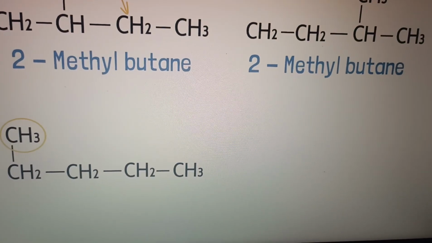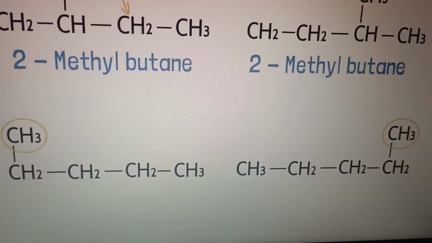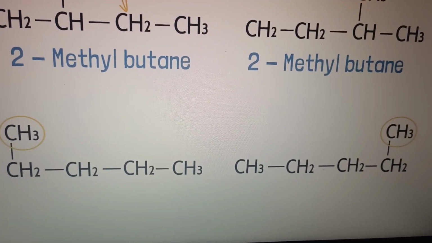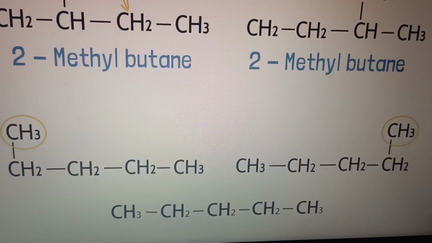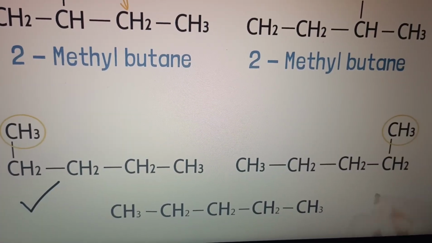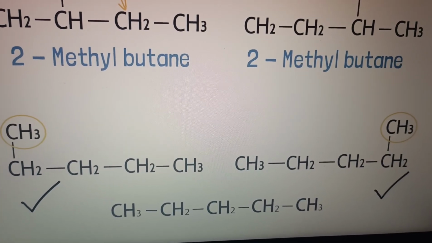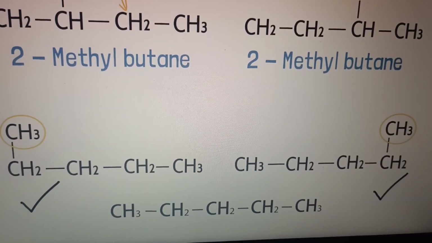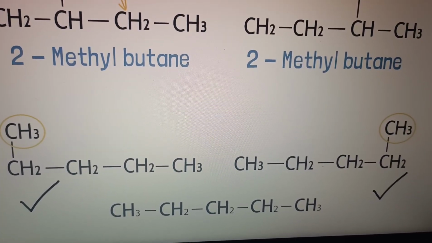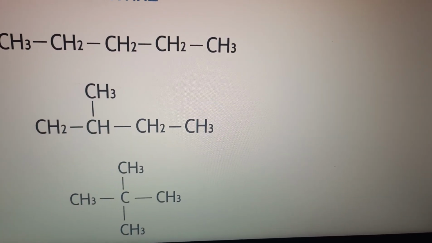So those are the same. Now put methyl here and here like this. So both of them will be treated as a normal compound, just like the first one. So it will be normal pentane, it will be normal pentane. So these two are the same, so nothing is different.